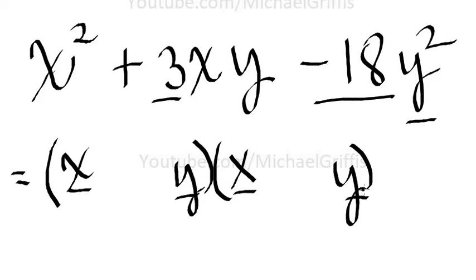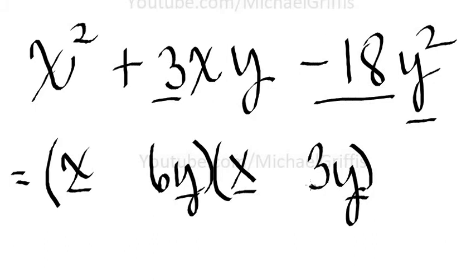All right, let's see. 9 and 2 is 18. That can't be it. 9 and 2 is 18. What else is 18? 6 times 3. 6 minus 3 is 3. I think that's it. 6 and 3.